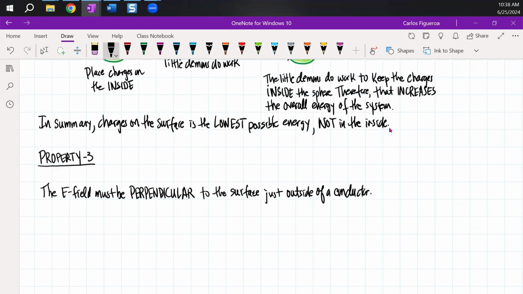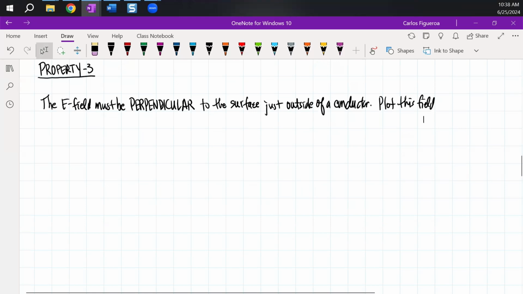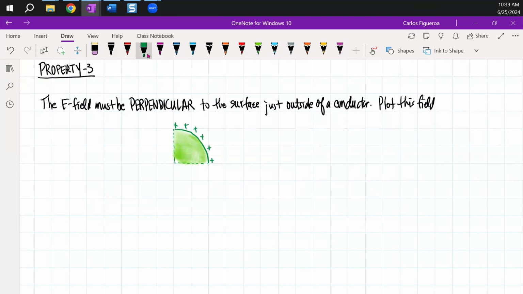So let's look at what we're seeing here. If I plot this field, I have a solid conductor.